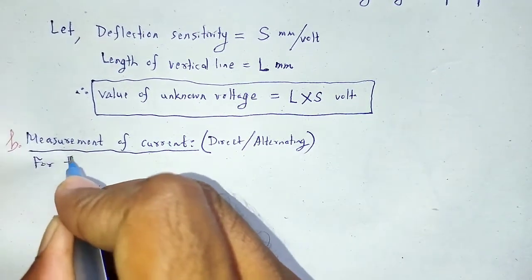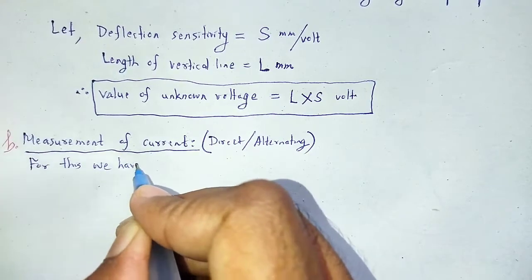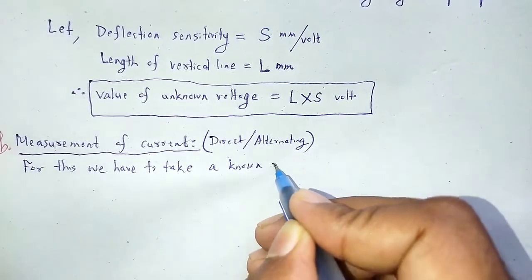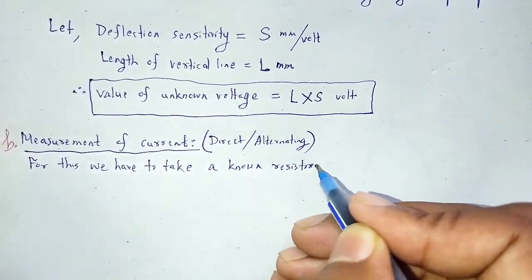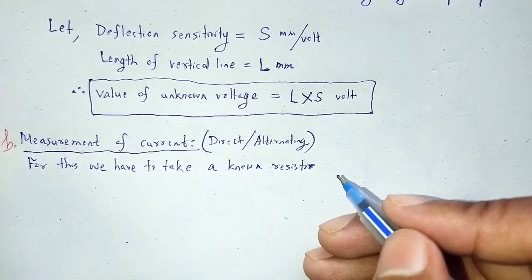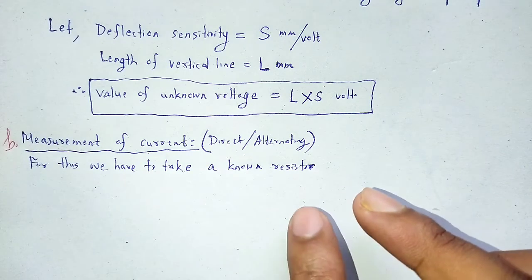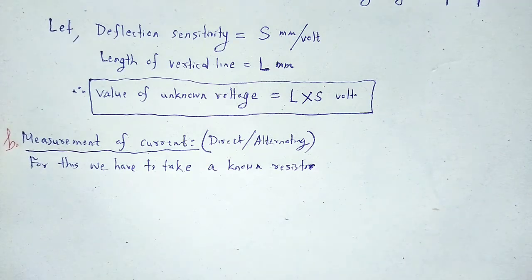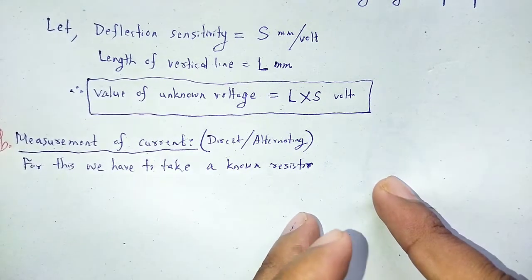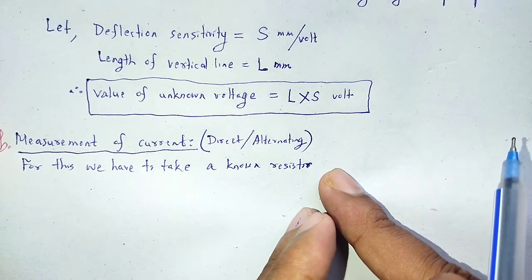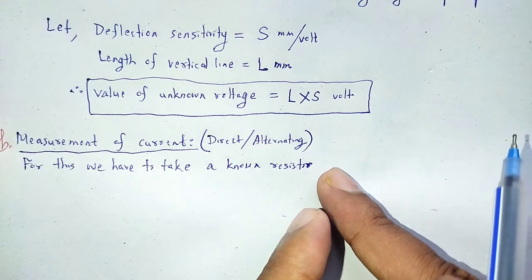For this, we have to take a known resistor whose resistance we already know, and that resistor is connected to the CRO.